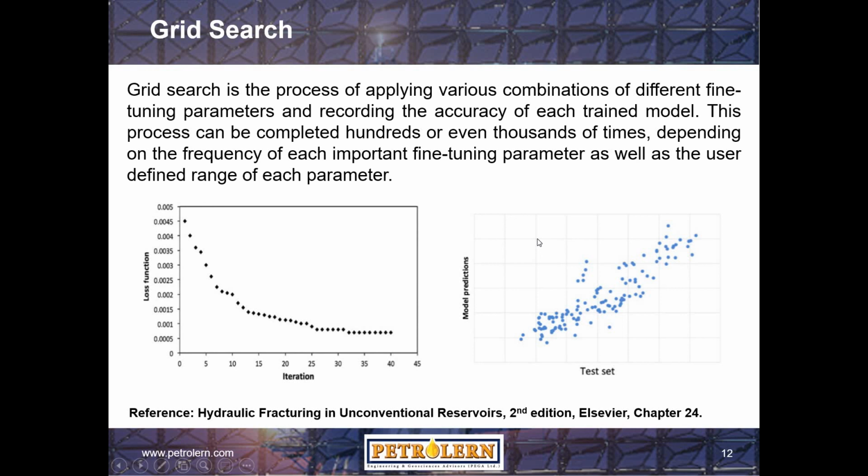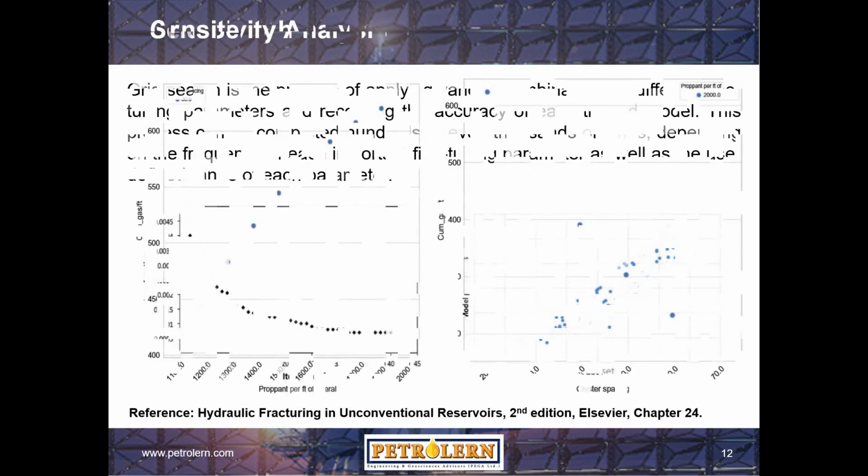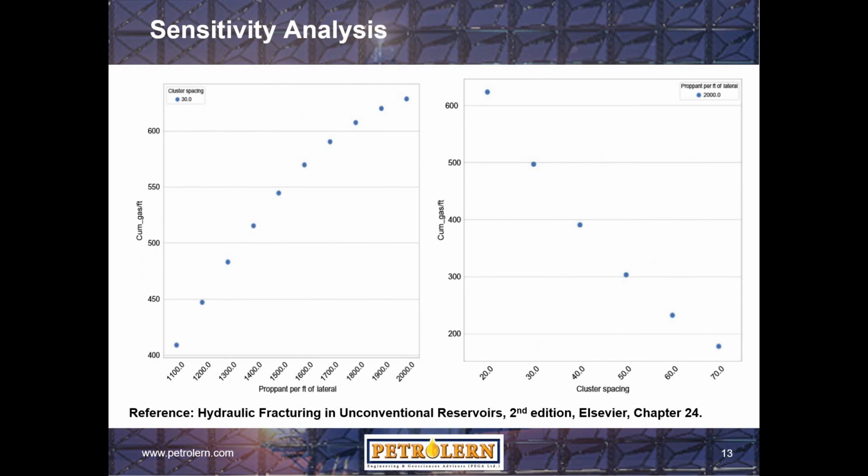In this case, the next step is to do a sensitivity analysis. I've trained a model now, so I can understand the qualitative and quantitative impact of each parameter independently on the production performance.